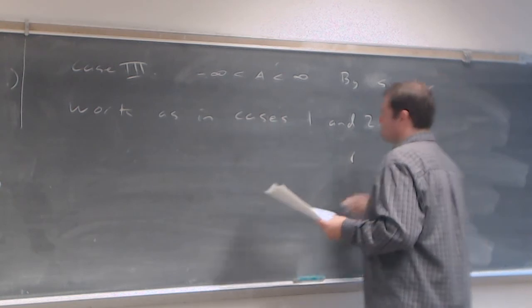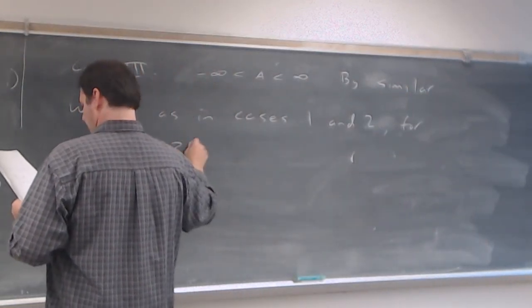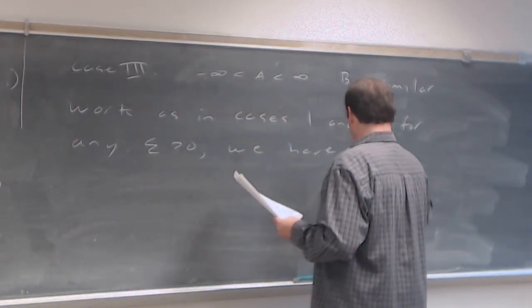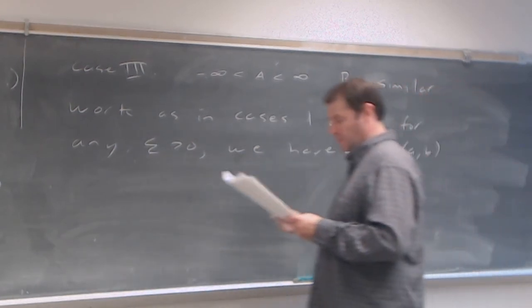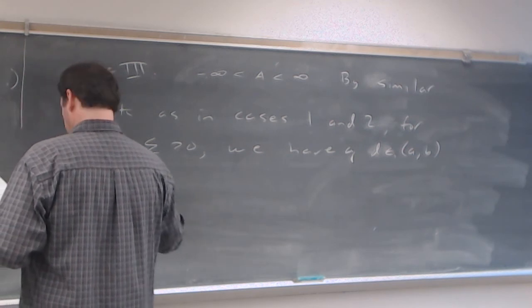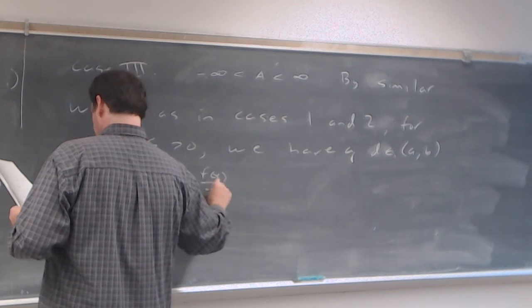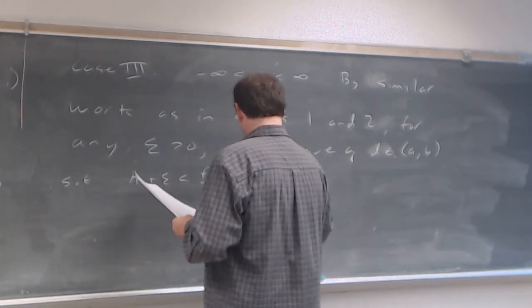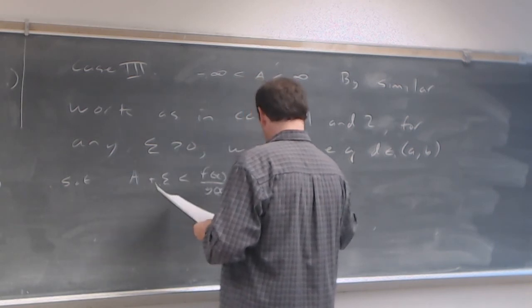For any epsilon greater than 0, we have a D element from A to B, such that a plus epsilon will be less than f of x over g of x, which will be less than a minus epsilon.